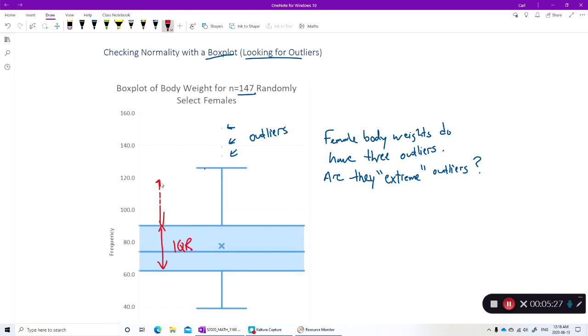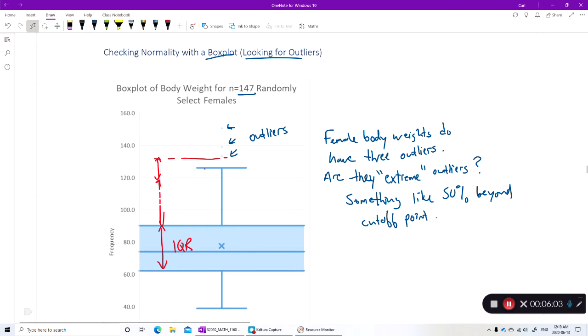So the cutoff point is potentially a little bit beyond that, and these points are somewhat beyond the cutoff point, something like maybe 50% beyond it. So we would call those moderate outliers.